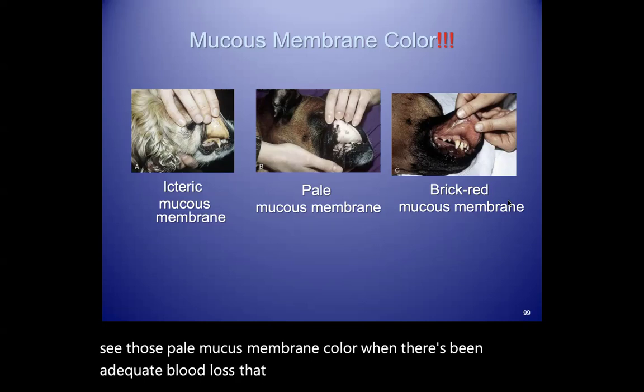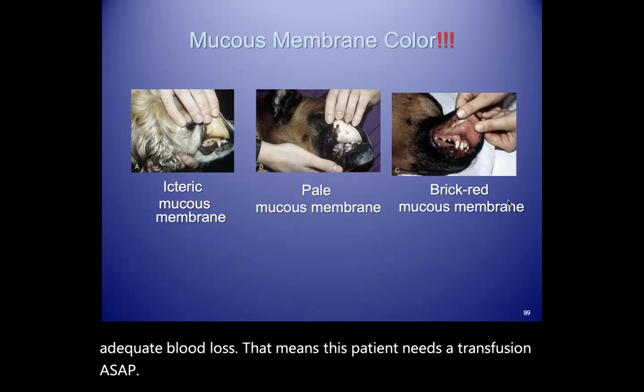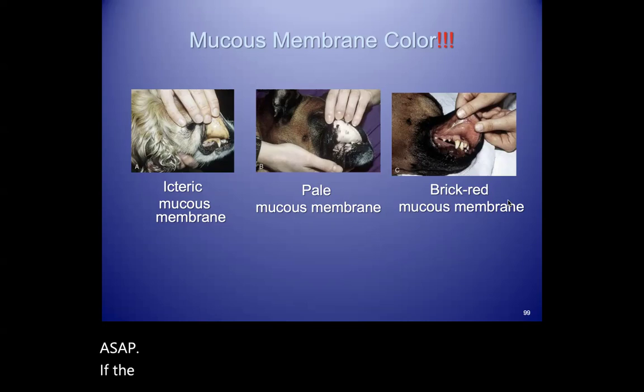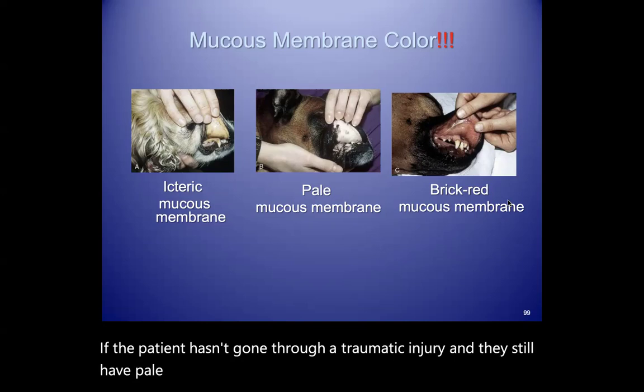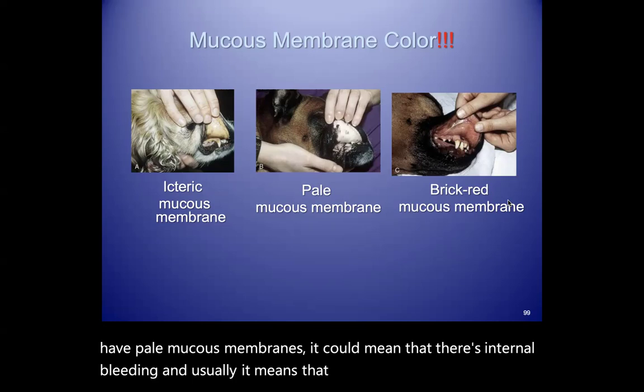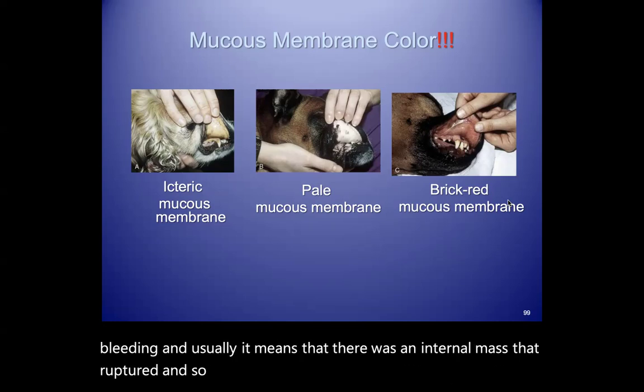That means this patient needs a transfusion ASAP. If the patient hasn't gone through a traumatic injury and they still have pale mucous membranes, it could mean that there's internal bleeding. And usually it means that there was an internal mass that ruptured. And so we would need to take x-rays immediately to determine that.